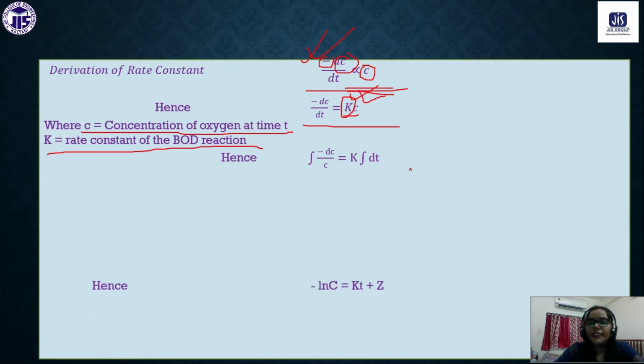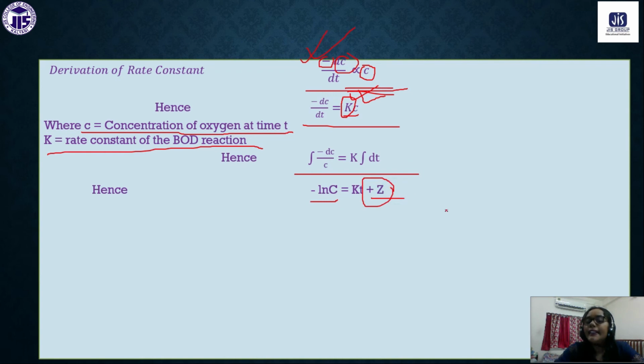What will be the next step? After this integration, the integration of minus dC by C is obviously minus ln C, which equals kt plus z. Here z is the integration constant.